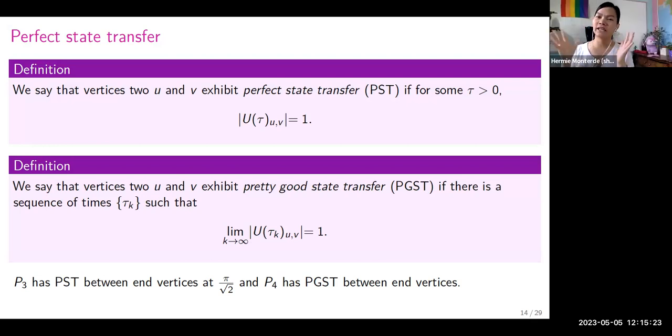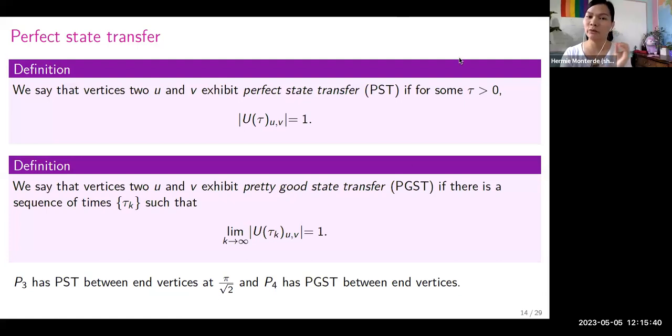So we just basically take a look at it as a sequence of times such that as your time increases, you can pick those times for which the probabilities are almost close to 1. All clear?